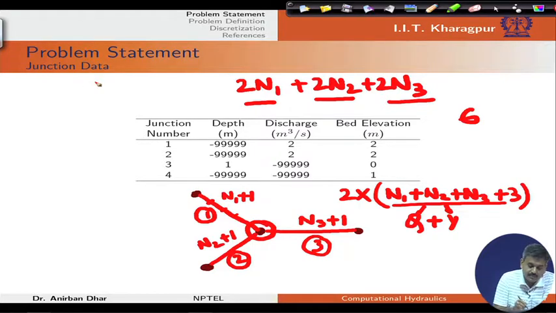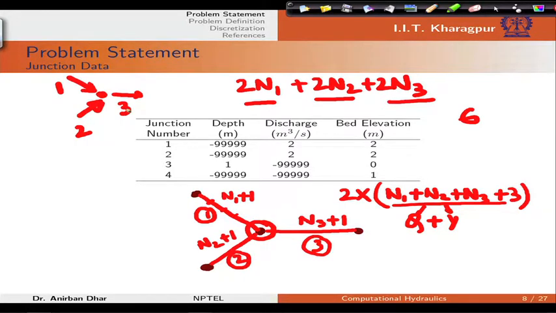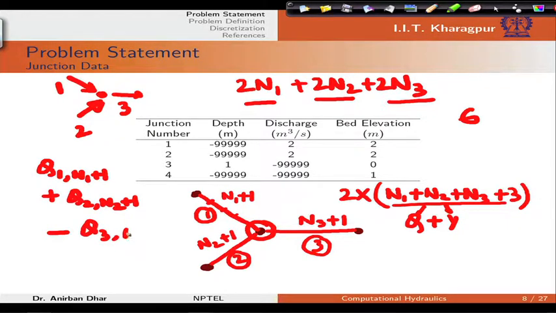What is that junction continuity for this problem? For this problem we have this junction, and at this junction this is our channel reach 1, this is channel reach 2 and this is channel reach 3. So, we will have Q1 N1 plus 1 plus Q2 N2 plus 1 minus Q3 1, and this should be 0.